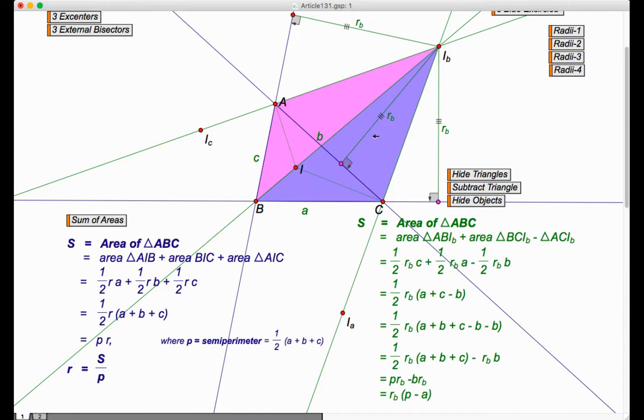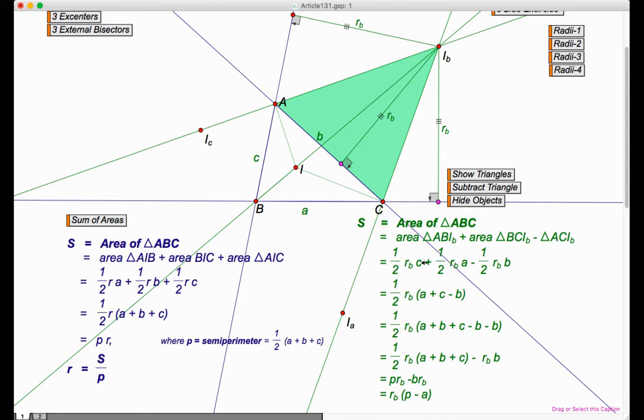The area of the blue triangle has altitude r sub b, but its base is a. And finally, I will now make use of the base b, and the altitude is r sub b. The base here is c, the base here is a, and the base here is b.